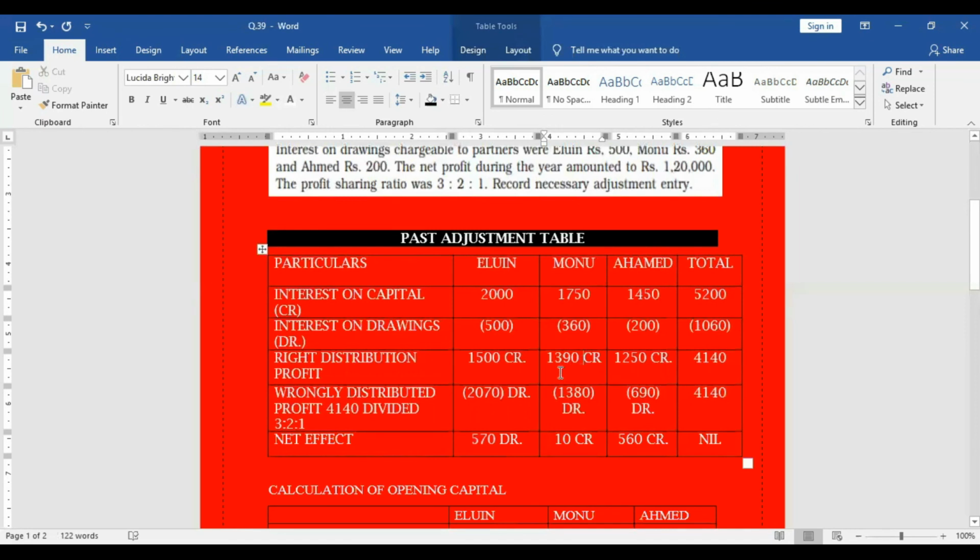For Monu, the right distribution is 1,390, but only 1,380 was distributed, so there is a short credit of 10 rupees that we have to credit. For Ahmad, the right distribution amount is 1,250, but only 690 was distributed, so there is a short credit of 560 that also has to be credited. So the adjustment entry is: Yelun capital account debit 570, Monu capital account credit 10 rupees, and Ahmad capital account credit 560.